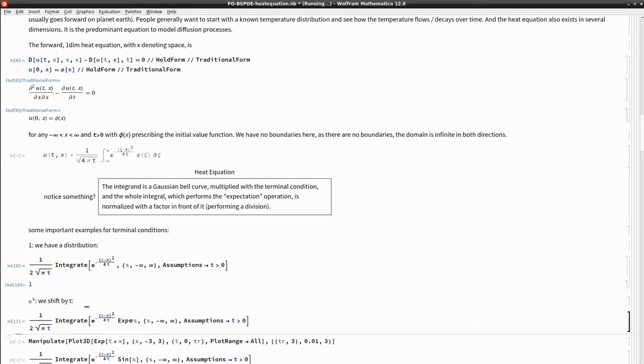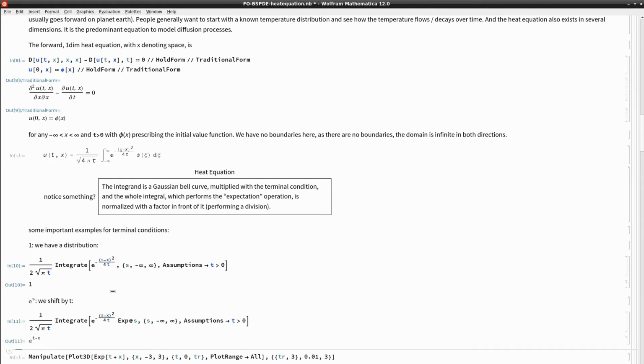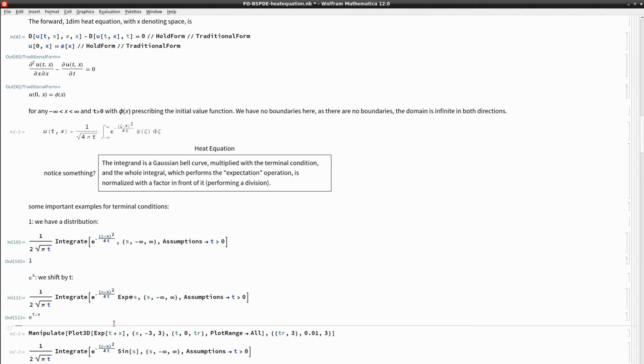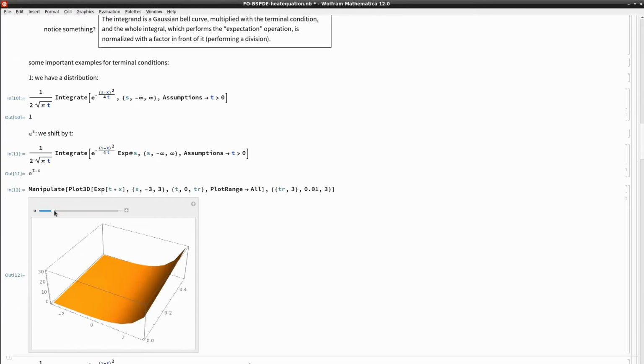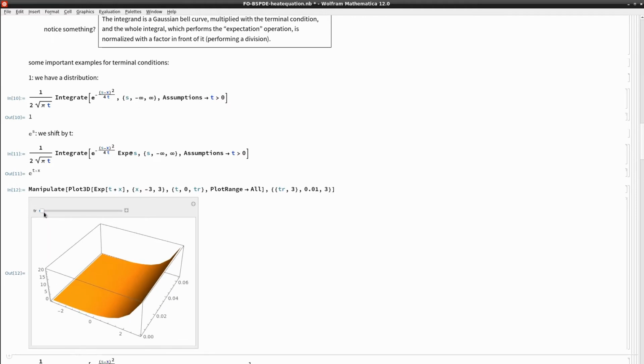This is equivalent to shifting by t. We start with e to the s, and what do we get? We get e to the t plus x. We're basically shifting it around. We are shifting the function to the right or to the left. And let's look at this a little bit. We can change the tr when I want to look at upper or lower bounds.